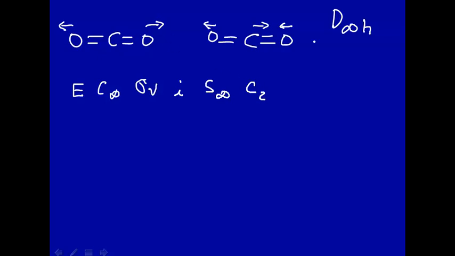And recall the z-axis will be along the principal rotation axis, and the principal rotation axis is the one that has the most rotations, and here it is, C infinity, that's quite a few rotations, so this would be the z-axis here.